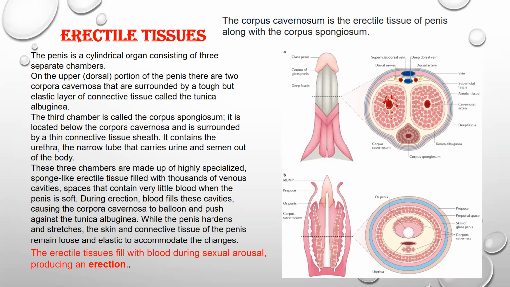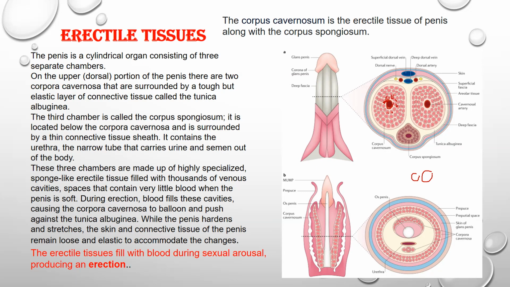So now, who is responsible for this filling? Nitric oxide. What nitric oxide is going to do is relax the corpus cavernosa. The more this erectile tissue, these chambers, relax, the more blood will come. If nitric oxide is not released, they will fail to relax. If they do not relax, they will fail to fill up with maximum blood inside the penile structure.